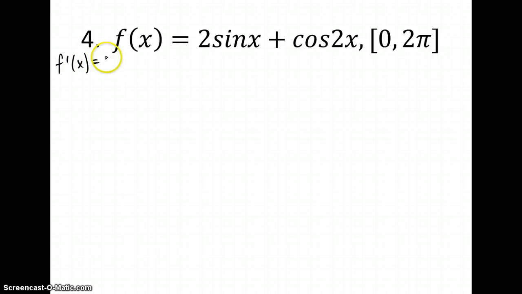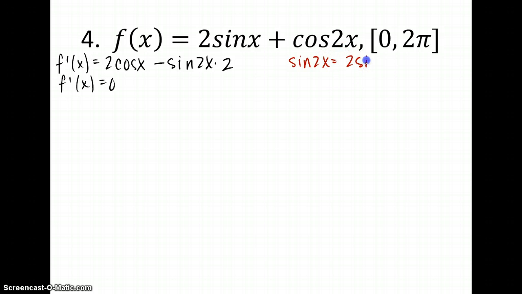The derivative is 2 cosine x, minus sine 2x times 2. So using the chain rule here, the derivative of cosine is negative sine, and the derivative of 2x is 2. Finding where the derivative equals 0, I'm going to rewrite sine 2x as 2 sine x cosine x.